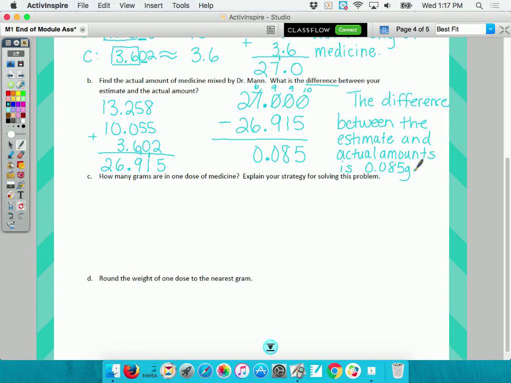Now the reason I didn't put the difference is 85 thousandths of a gram, it wouldn't be 7 words.